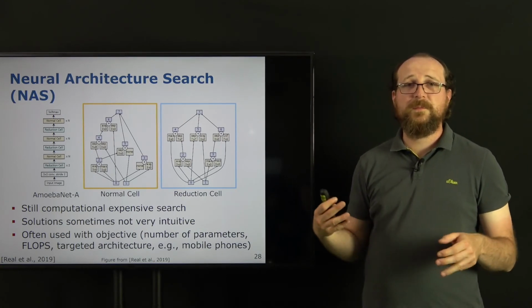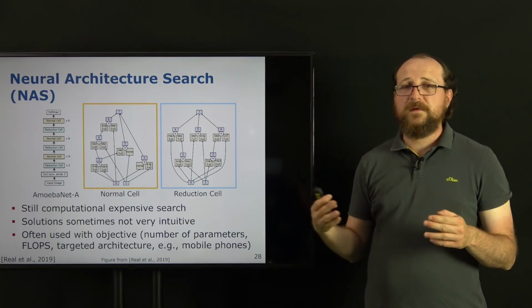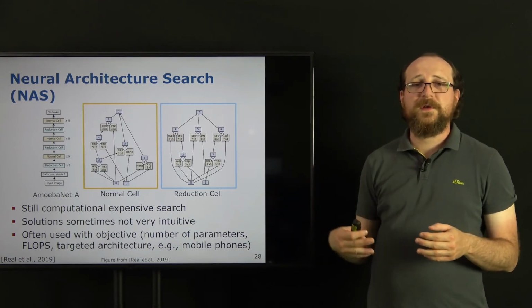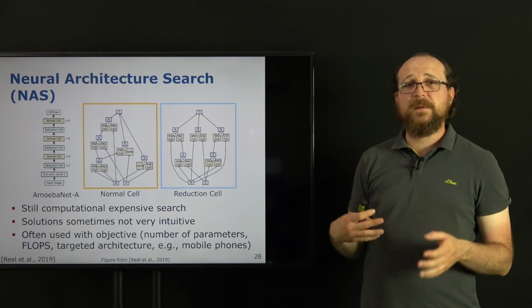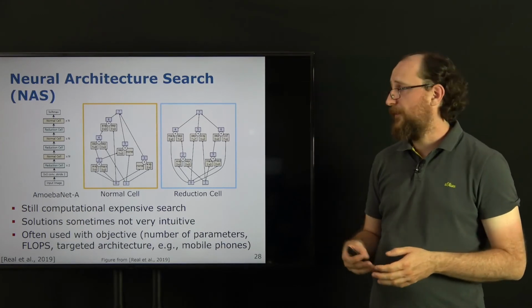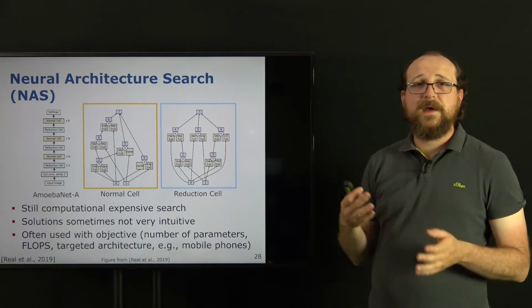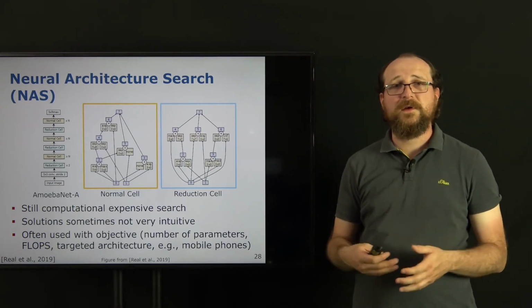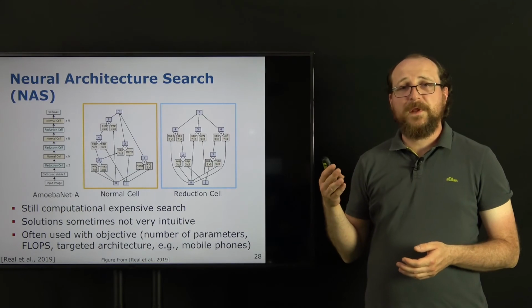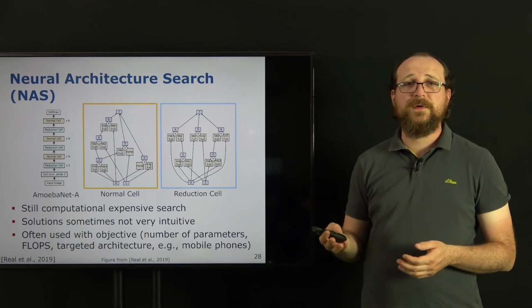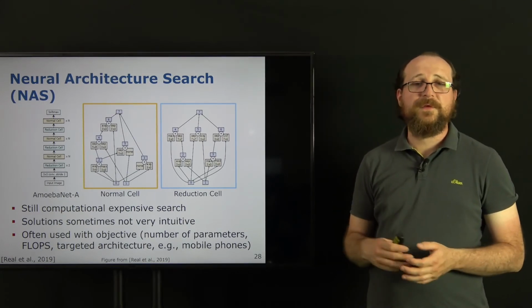So we maybe want to get a good performance with a specific number of parameters, or we want to achieve a specific number of floating point operations, the flops, or we have a targeted architecture, like we want to target mobile phones or specific robotic platforms.